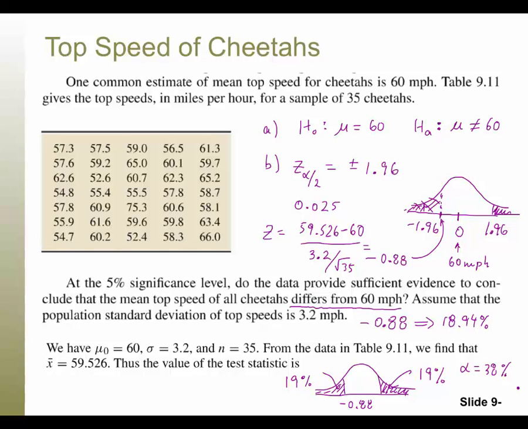So given this particular sample, at what significance level would we reject? Okay, for any significance level greater than 38%, we would reject.